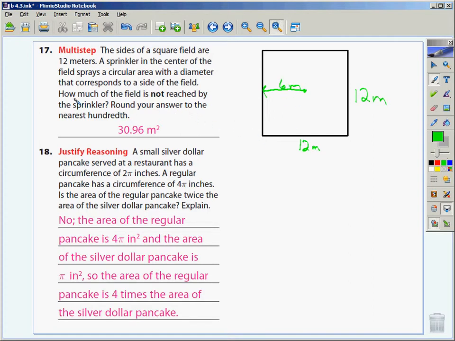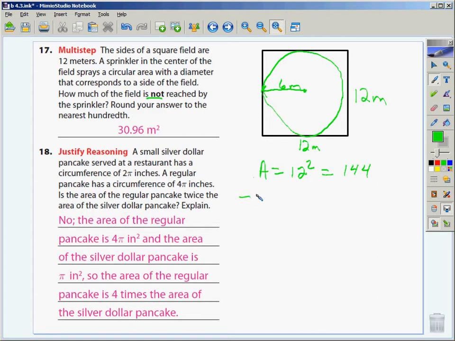And they said how much of the field is not reached by the sprinkler. So when I draw this circle in, I've got to find the area of the square, which is 12 times 12, or 144.